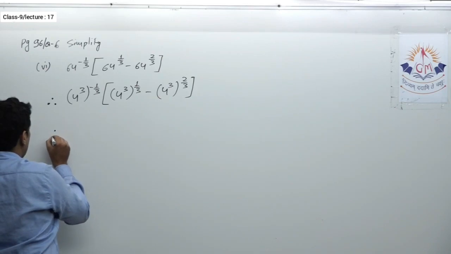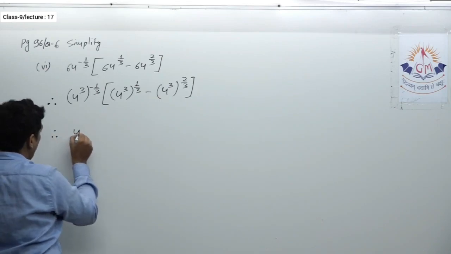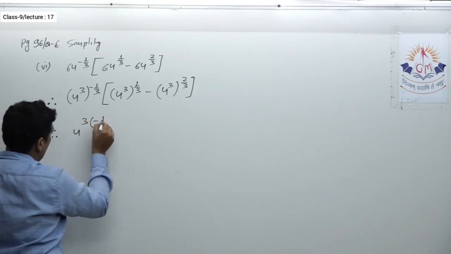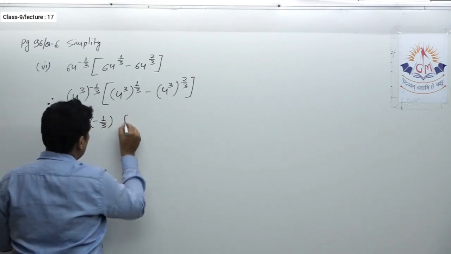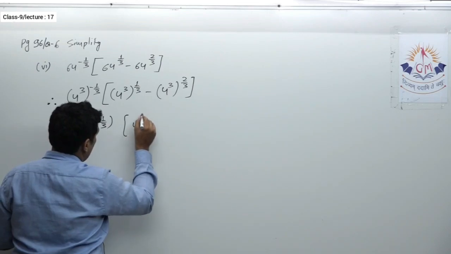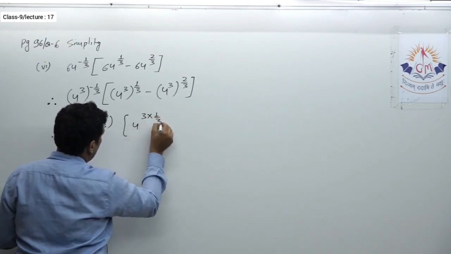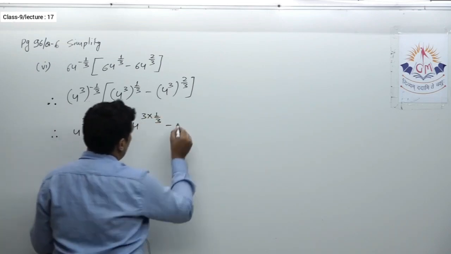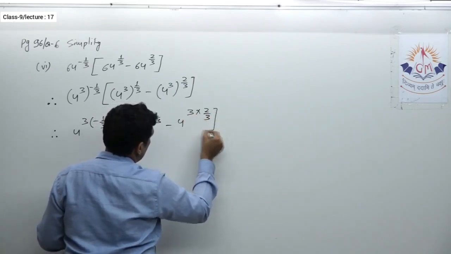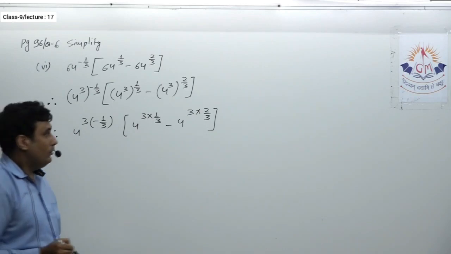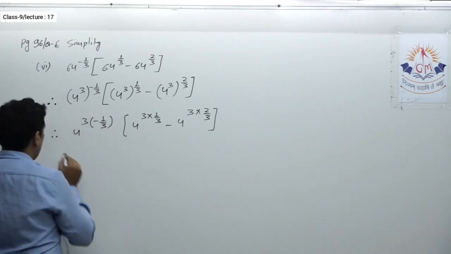So this will become 4 raised to 3 multiplied by minus 1 by 3 if I apply the power law. Over here 4 raised to 3 multiplied by 1 by 3 minus 4 raised to 3 multiplied by 2 by 3. Okay, so everywhere I applied the power law.